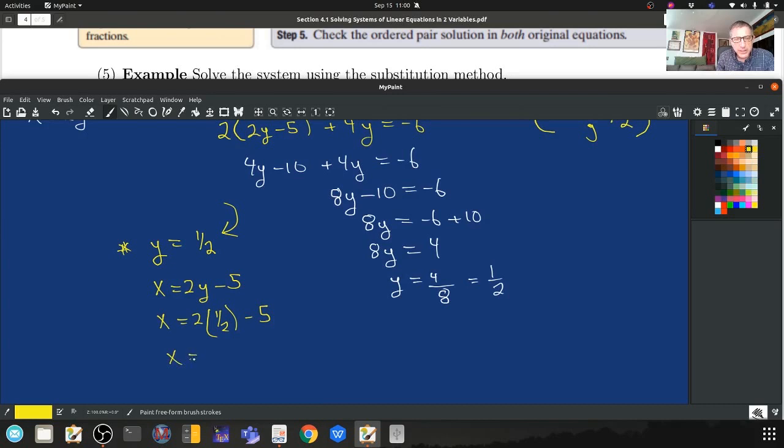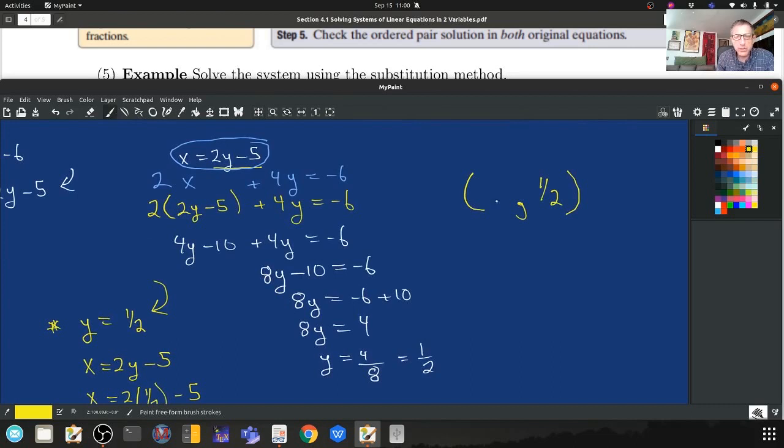So x is equal to 1 minus 5. So x is equal to minus 4. So I have exactly one solution, minus 4 and 1/2.